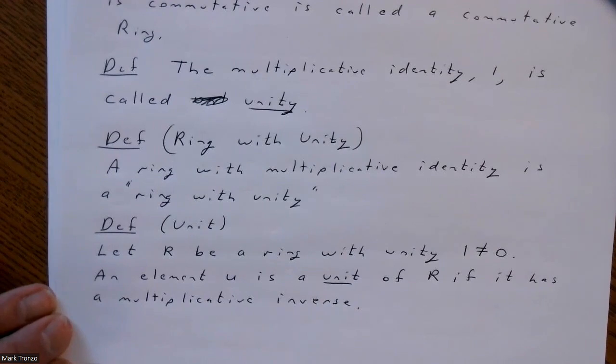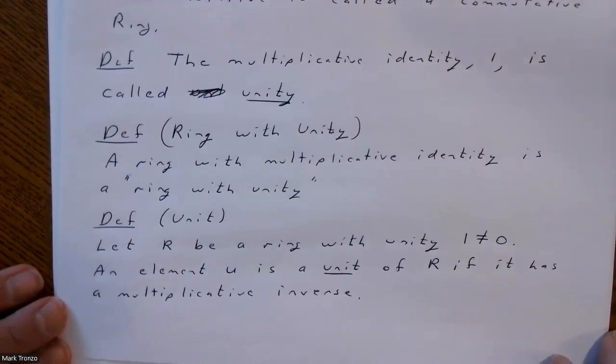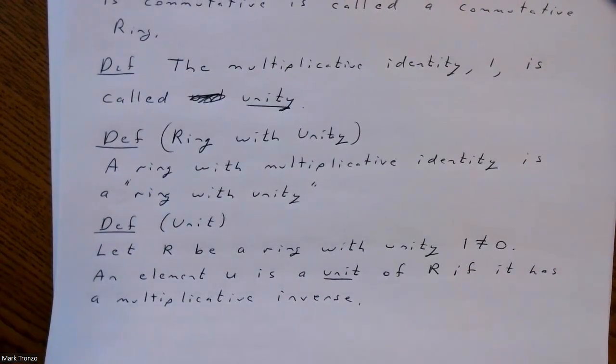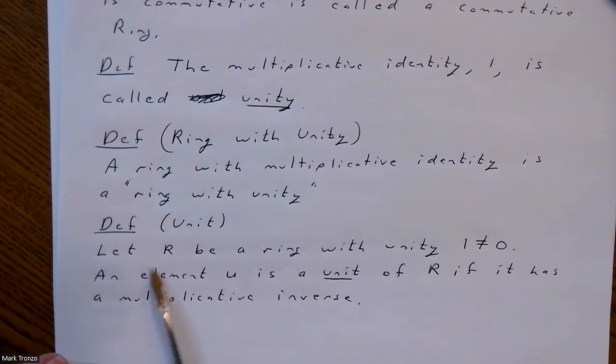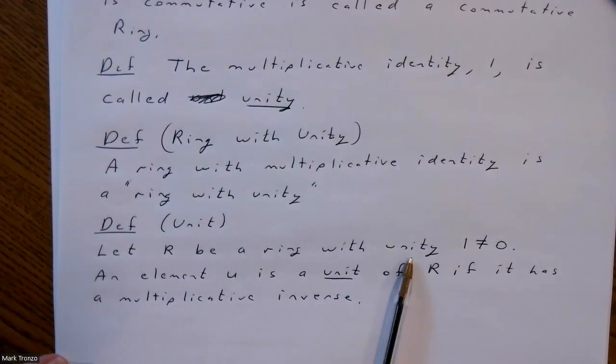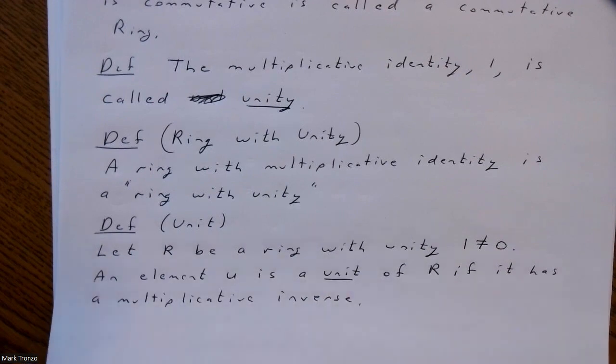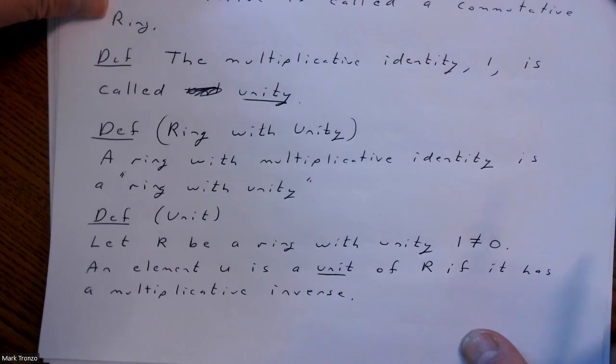Now we're looking at a specific element. Here we're assuming again that we have a ring with unity, so it has an identity. If an element in that ring has an inverse, then we call that a unit, if it has a multiplicative inverse.